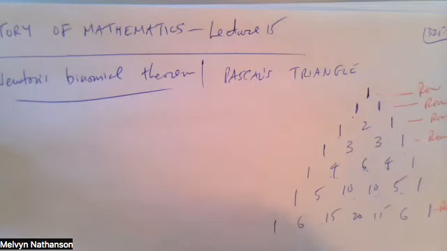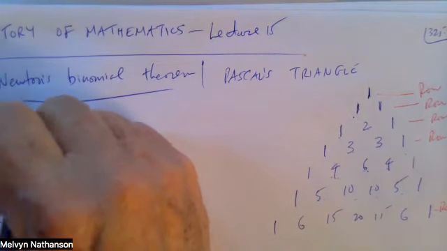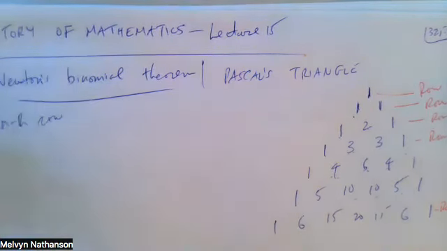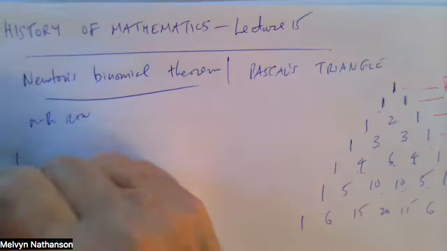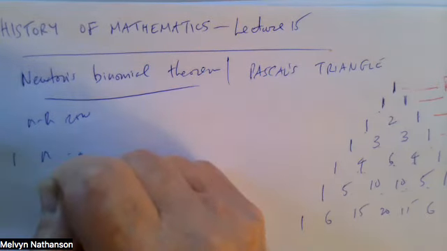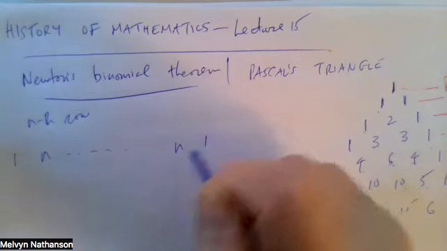And if you look at the nth row, the nth row always has the following form. You have 1, n, other stuff, and it ends up n and 1. Right?